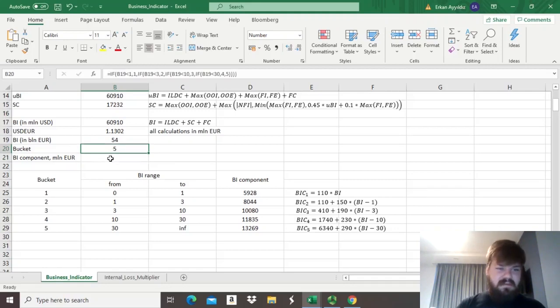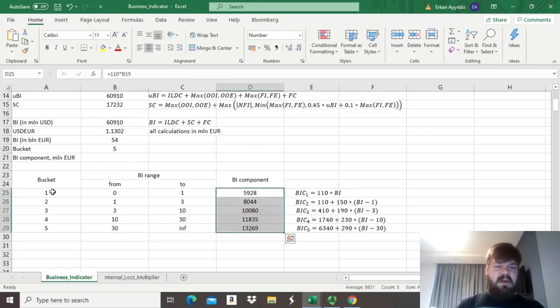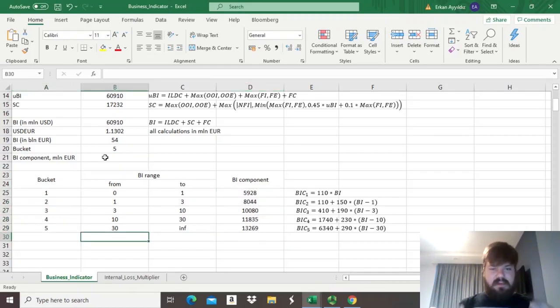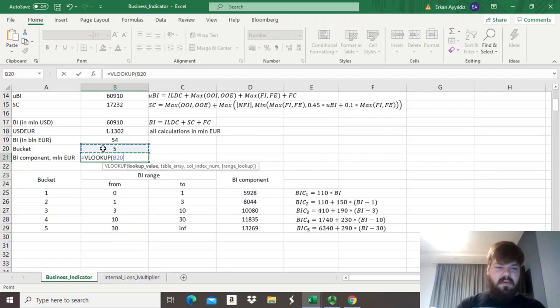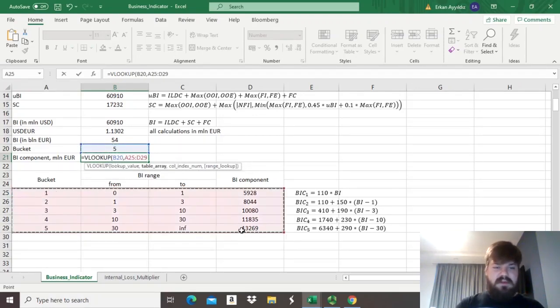Well, we got the fifth bucket, and we have here those components corresponding to buckets with appropriate formulas used to come up with those figures. So we just can use the VLOOKUP function and find which of those figures corresponds to the fifth bucket. So we need to find bucket 5 from the first column and return the business indicator component value from column 4, which is the fourth column in the selected table.